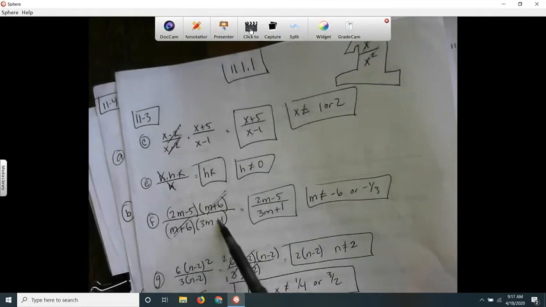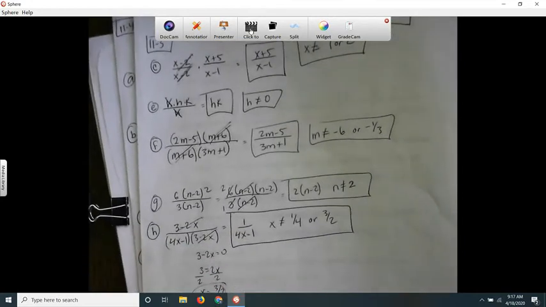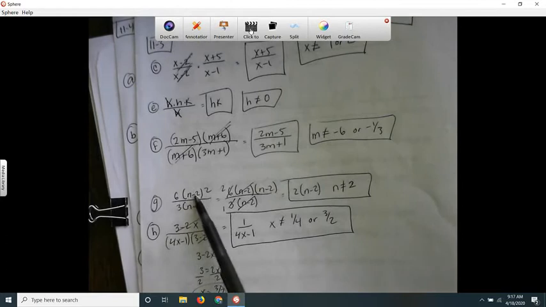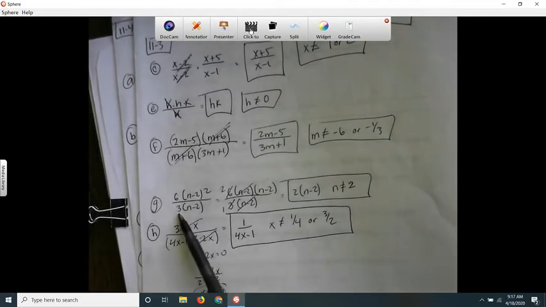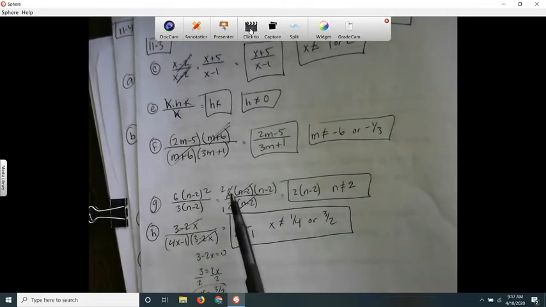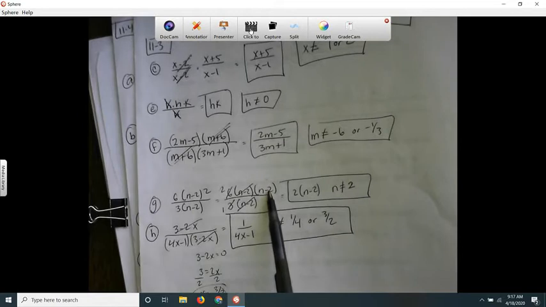Okay, letter G started out like this. It had 6 times n minus 2 squared over 3 times n minus 2. Well, I rewrote that as 6 times n minus 2 times n minus 2 because that's what n minus 2 squared is.